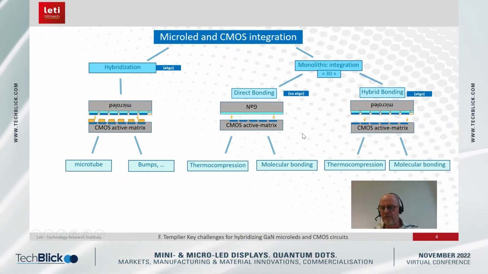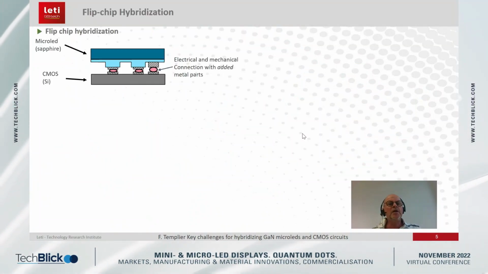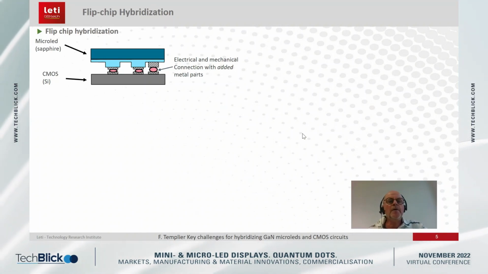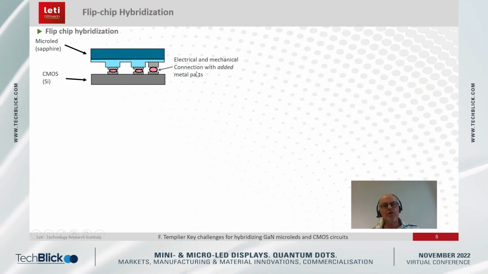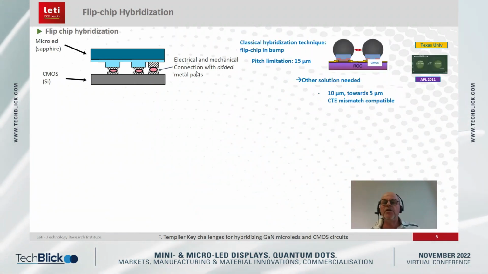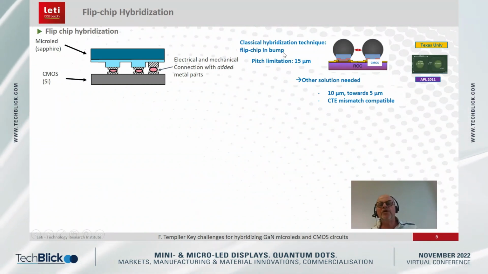So we will briefly review these technologies, the results and challenges. The first is flip chip hybridization. You fabricate separately, and then you need to make this special connection, both mechanical and electrical. This exists for many years. It is called flip chip, using most of the time indium bumps.